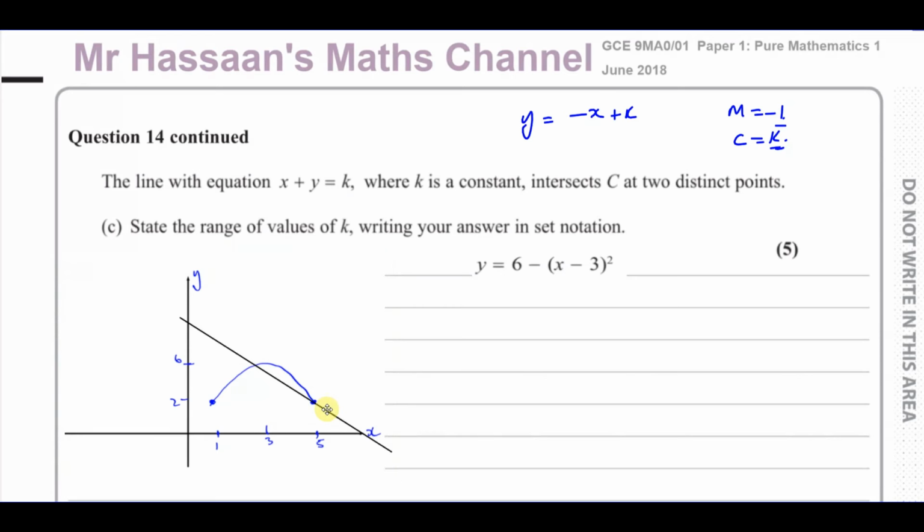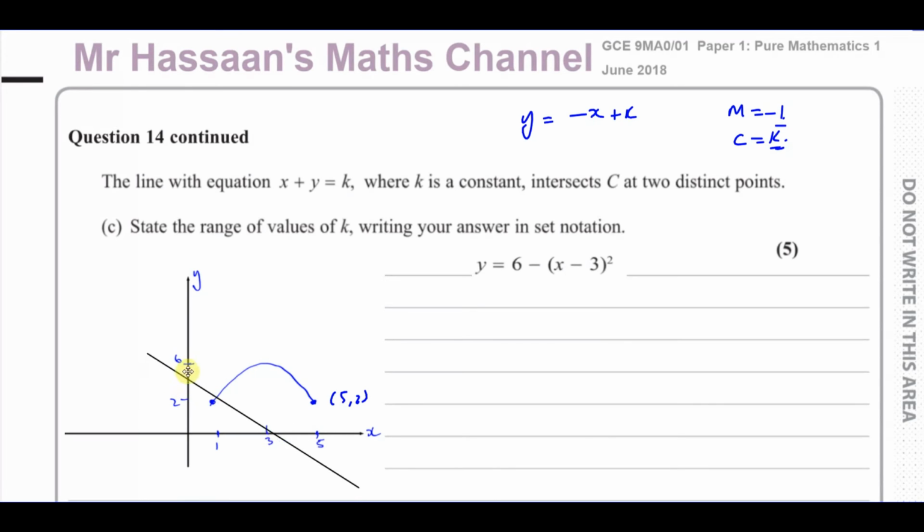You can see there's going to be a limit over here, where this line passes through this point, which is 5, 2. If you go any lower than that, there's only going to be one intersection. Remember, this function only starts from here and ends there. So there's only one intersection in all this area here, and there's no intersection here.